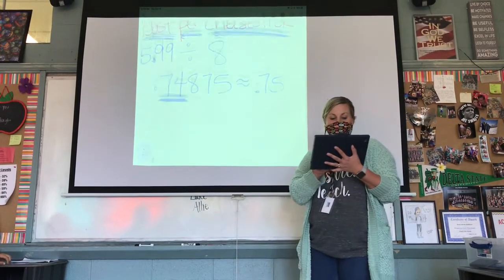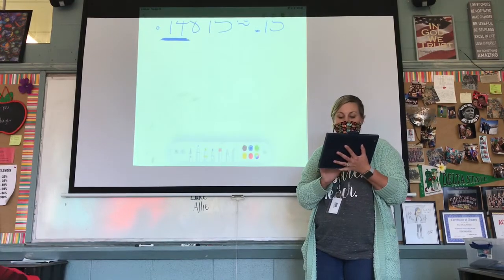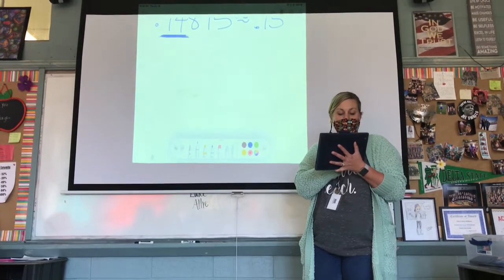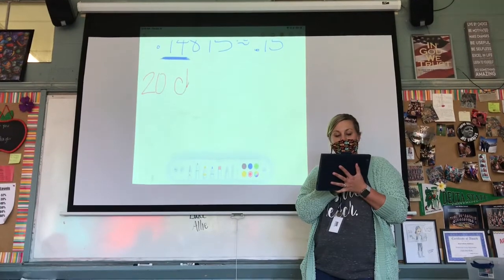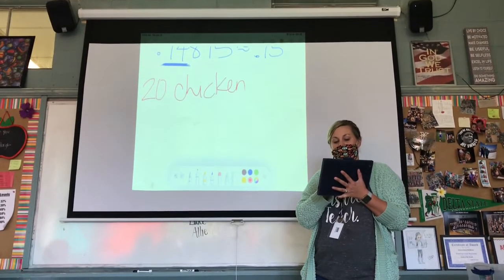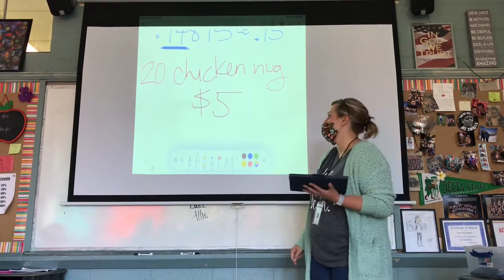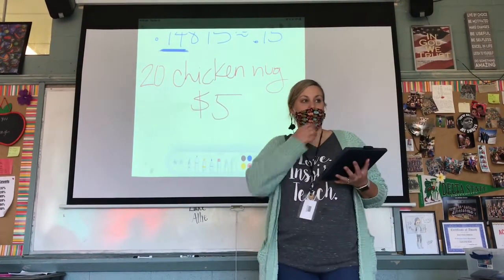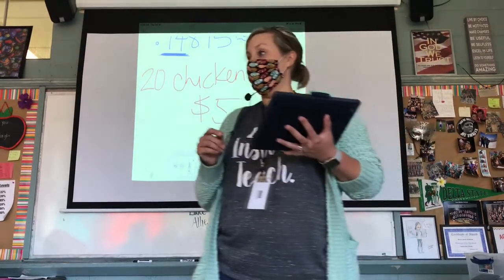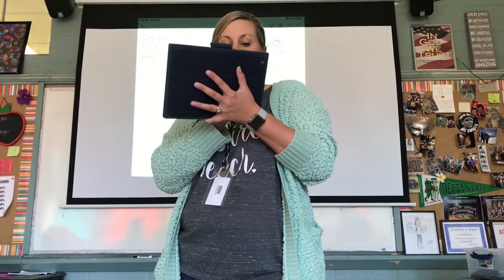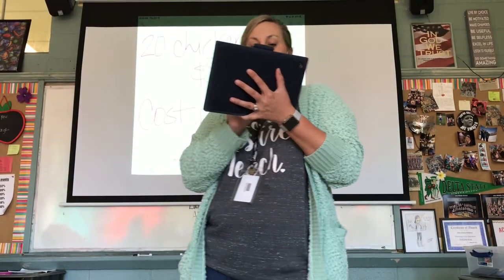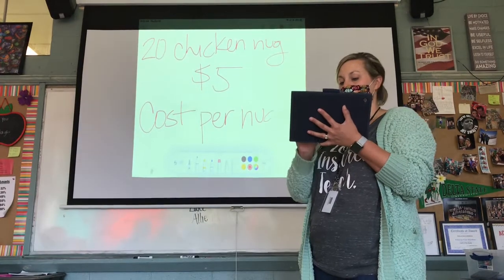Alright, so let's say that you get McDonald's. At McDonald's you can get 20 piece chicken nuggets for $5, I do believe. That's a good deal. I want to know the cost per nugget.